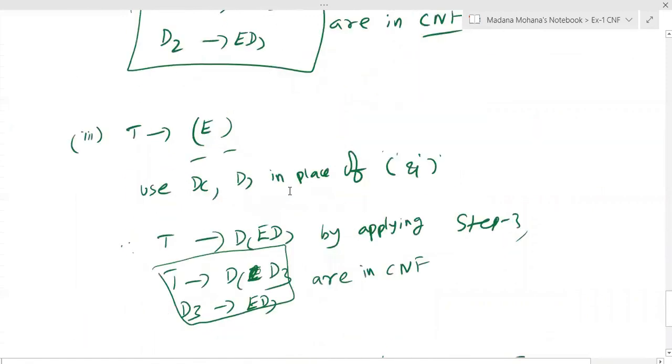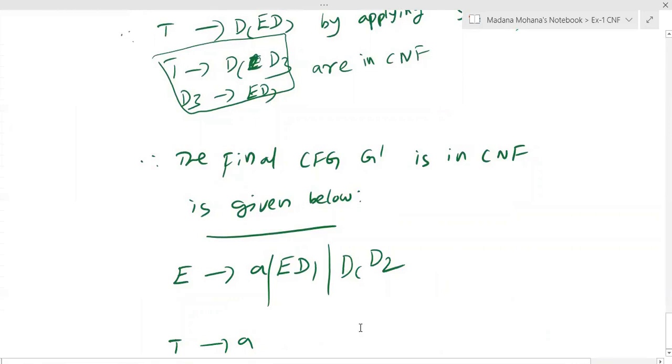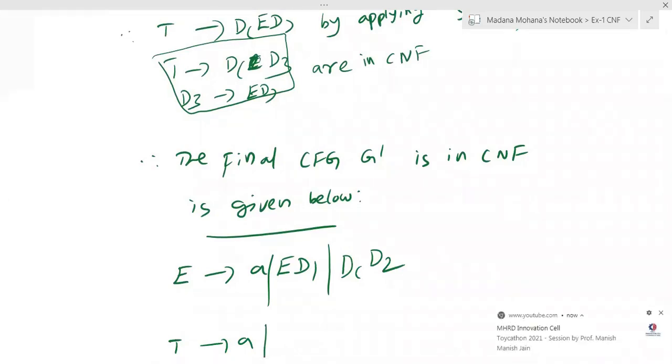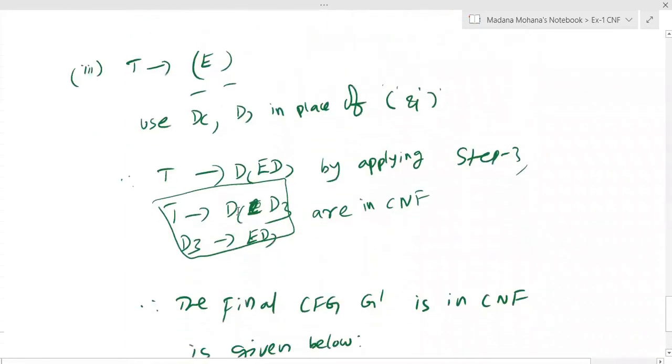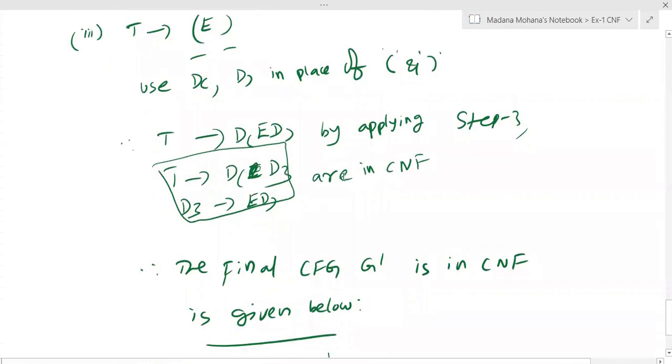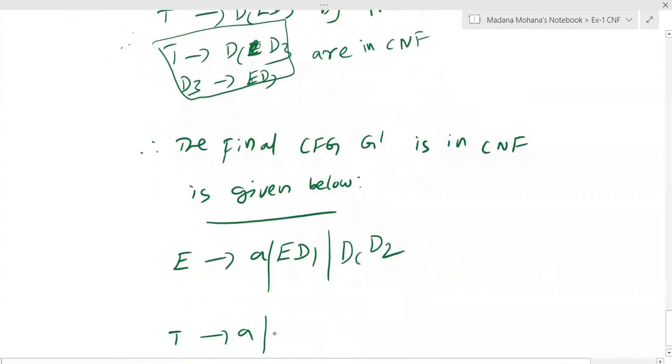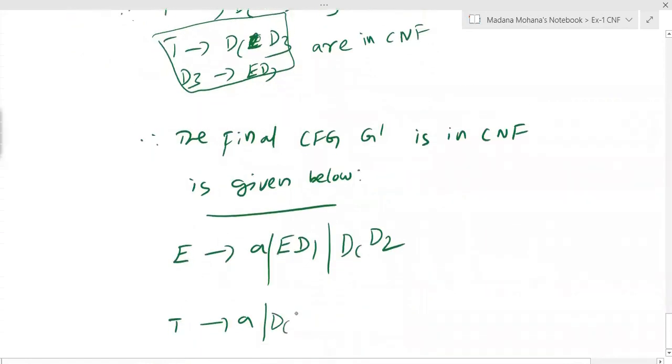Okay, that's all about E productions. Then write down all T productions. T derives A, followed by what are the new T productions which are in the required form? D suffix left braces D3.